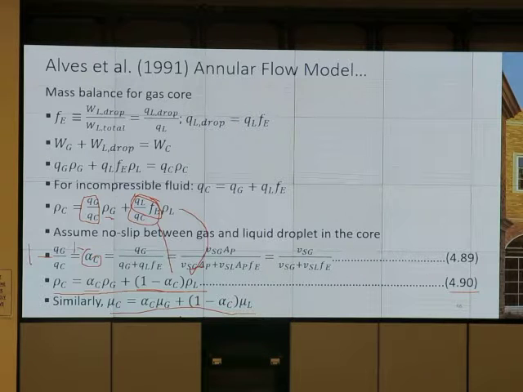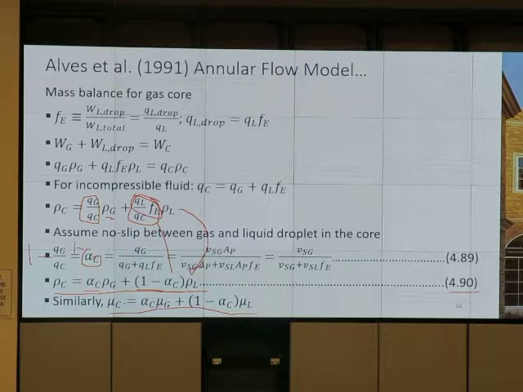But if it's liquid and gas, typically it is a weighted average. You add gas in, the liquid is less viscous according to the volume fraction that you add in, not mass fraction. Okay? Because when you add gas in, you don't add any mass, but you add a lot of volume. Alright, that is mu C.